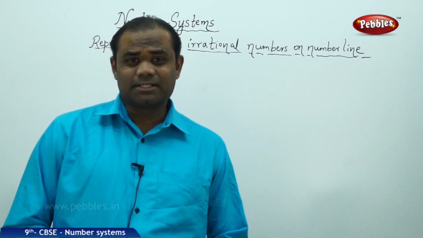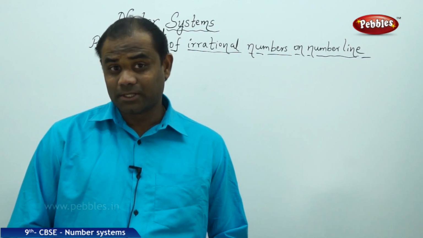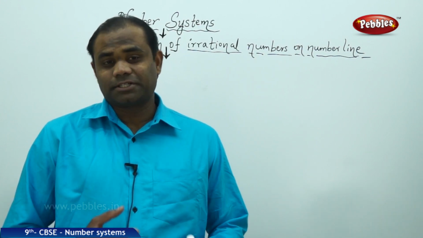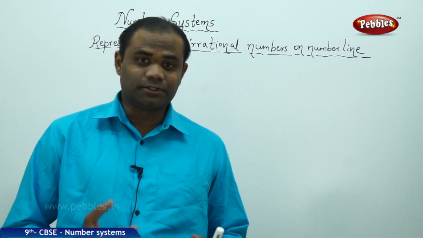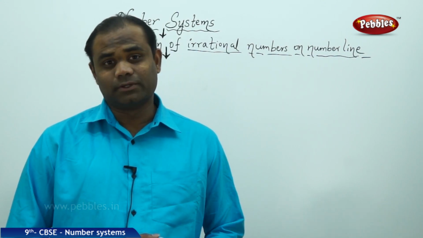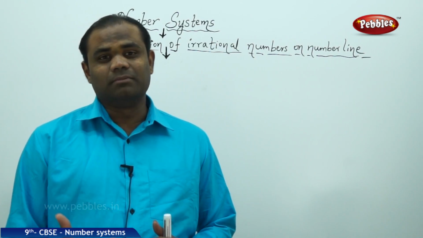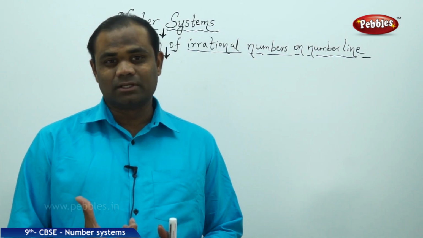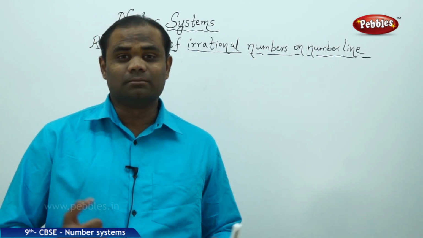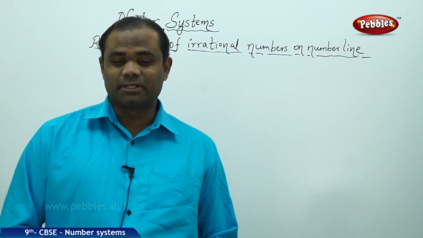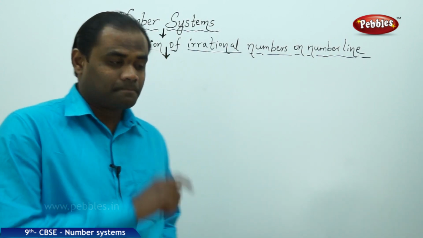Now that we have discussed different types of number systems in mathematics, the real numbers, rational numbers, irrational numbers, integers, whole numbers and natural numbers, let's see how we can represent the irrational numbers, which are not exact numbers, on the number line, the real number line. Let's recap the irrational numbers which we have discussed in the previous sessions.